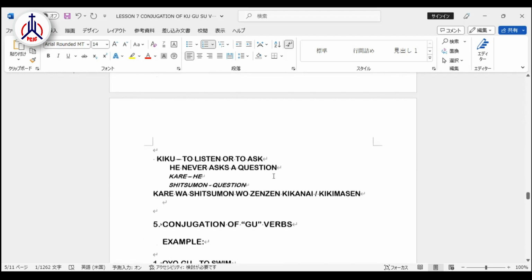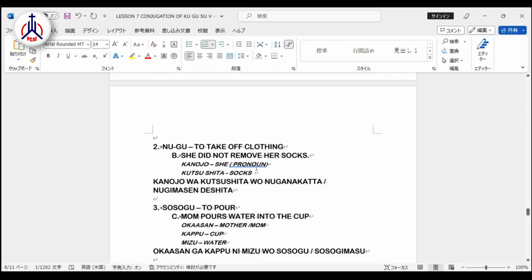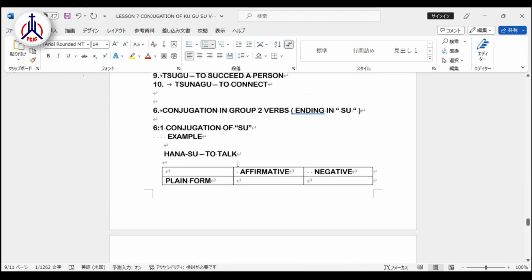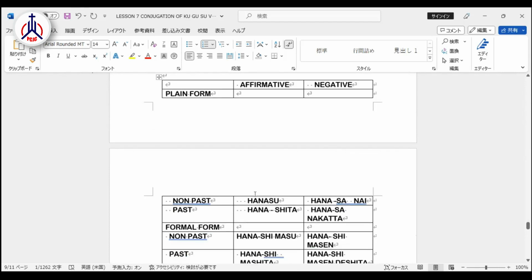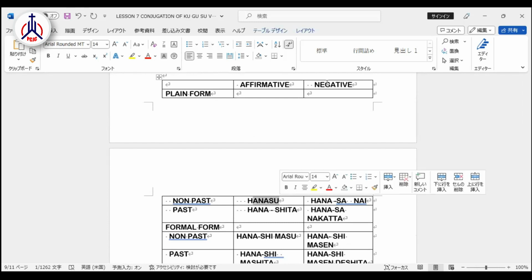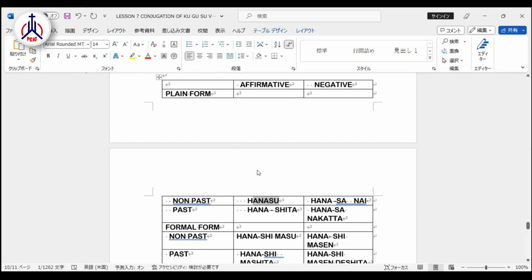So let's have the example of hanasu. The affirmative non-past is hanasu. And then in the negative, change the su to sa plus the nai.